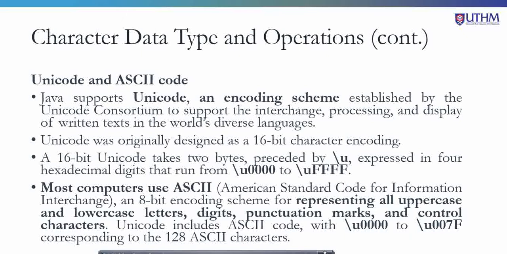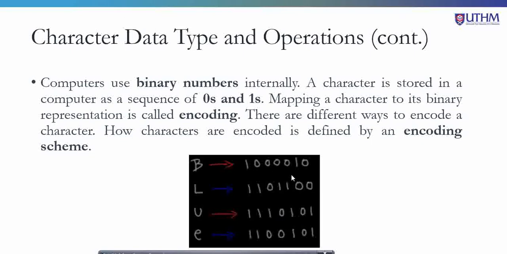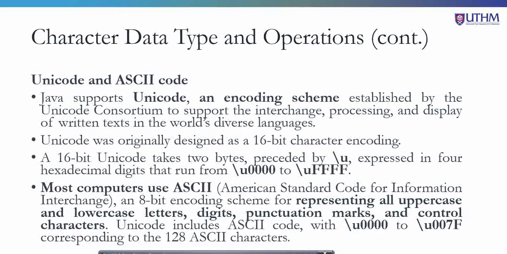The number of bits, the number of 0s and 1s here, totals 16. A 16-bit Unicode takes 2 bytes preceded by \u, expressed in 4 hexadecimal digits that run from \u0000 to \uFFFF.